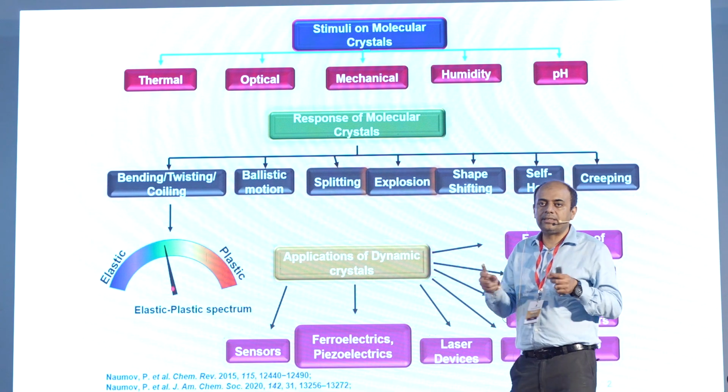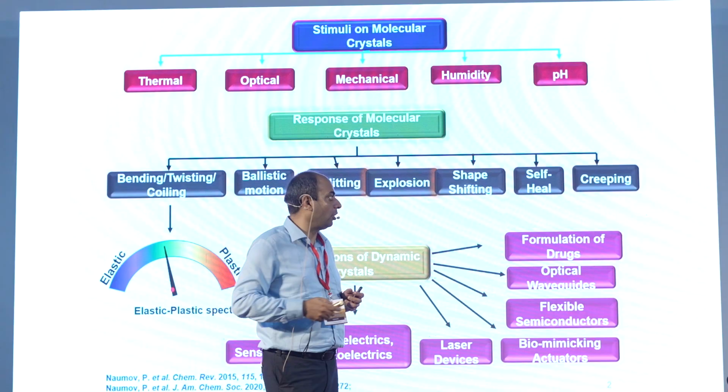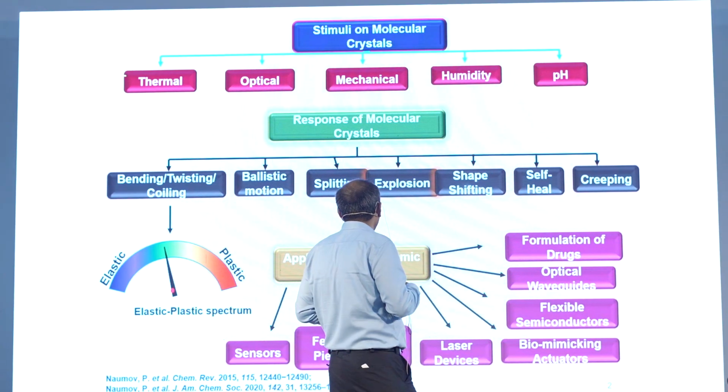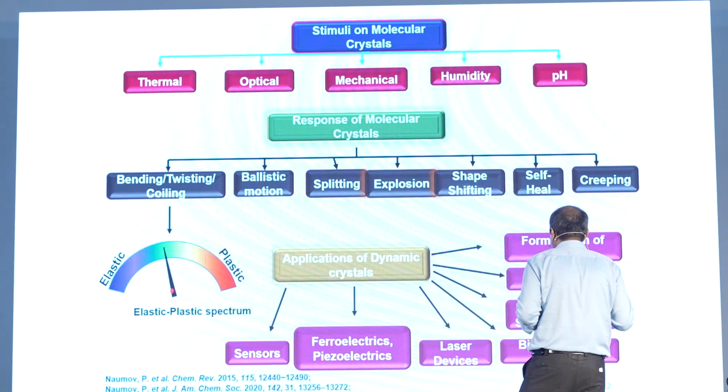So we are looking at solid state phenomena where we have a molecule which is crystallized very well in a solid state architecture, and now we expose it to different kinds of stimuli, and then we would like to see the response of molecular crystals.